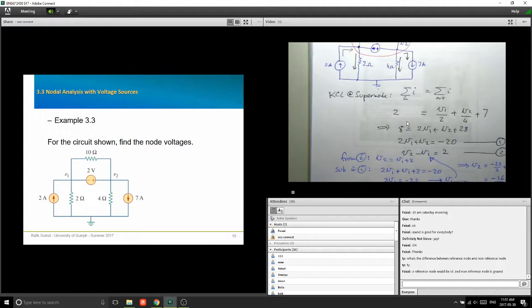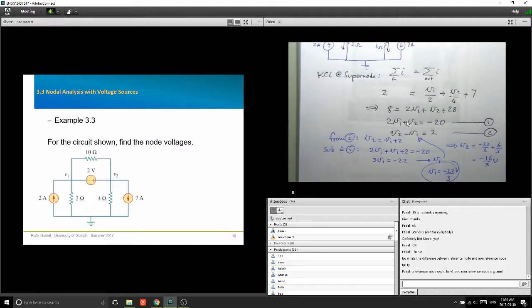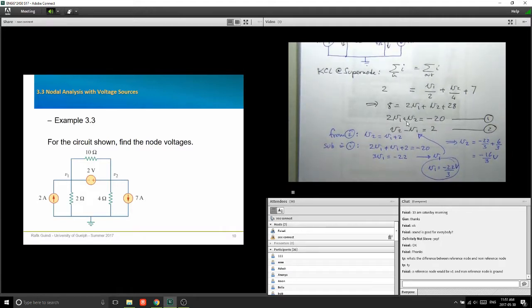Okay. I hope there's no errors anywhere. Anyway, but I mean, you get the idea, right? That's the method. How you write KCL around a supernode, and how you look inside the supernode to find your second equation.